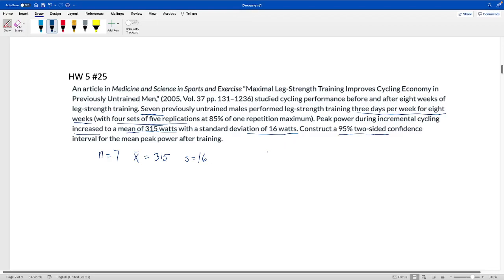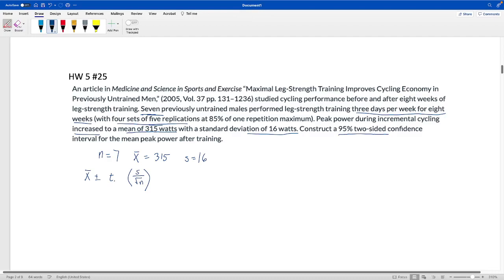So since we are looking for a 95% confidence interval, remember that it involves the mean, and we're going to add and subtract this sort of formula, the t-value times the standard deviation divided by the square root of the number, and then the mean is less than or greater than. It's in the middle of this stuff.